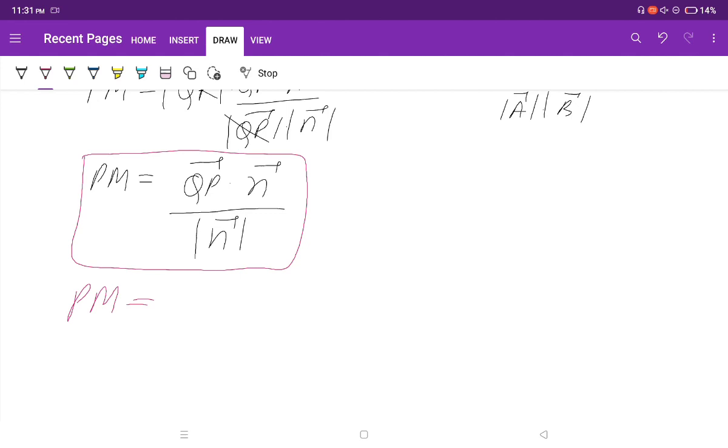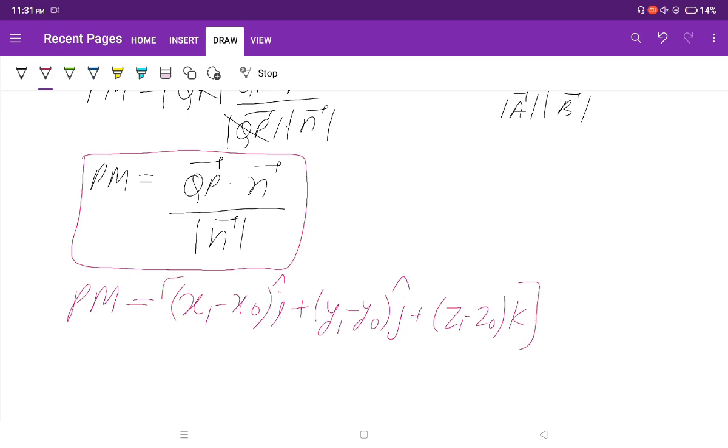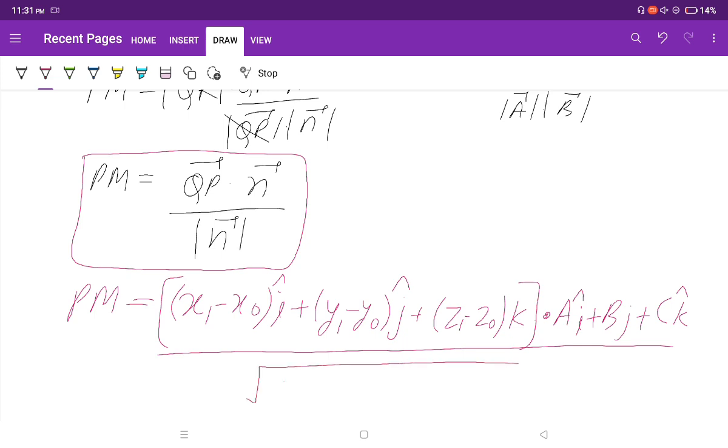The position vector of P minus position vector of Q. So we will have x1 minus x0 i cap plus y1 minus y0 j cap plus z1 minus z0 k cap, dot product with a i cap plus b j cap plus c k cap, divided by the n vector's magnitude, that is square root of a square plus b square plus c square.